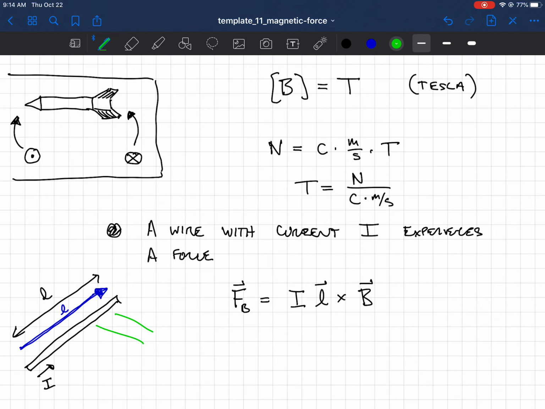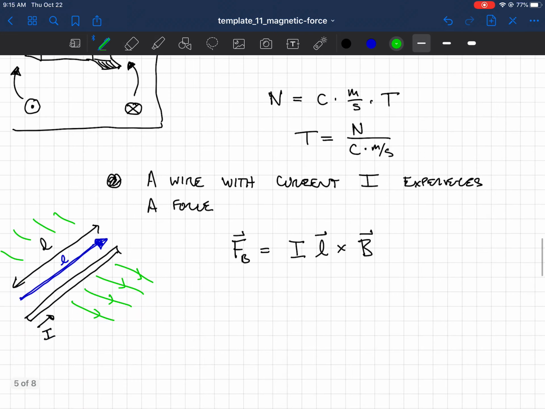And then if all of that is within some magnetic field, then that wire will experience a force, and I think I drew it exactly the same way as above. That force will be, take your right hand rule along, fingers along L, close towards B, this is B, and your force points into the page.